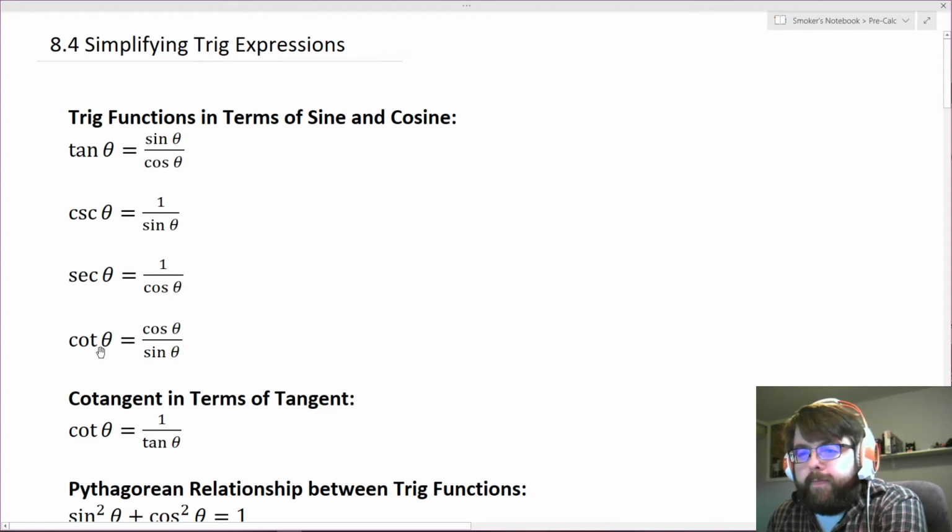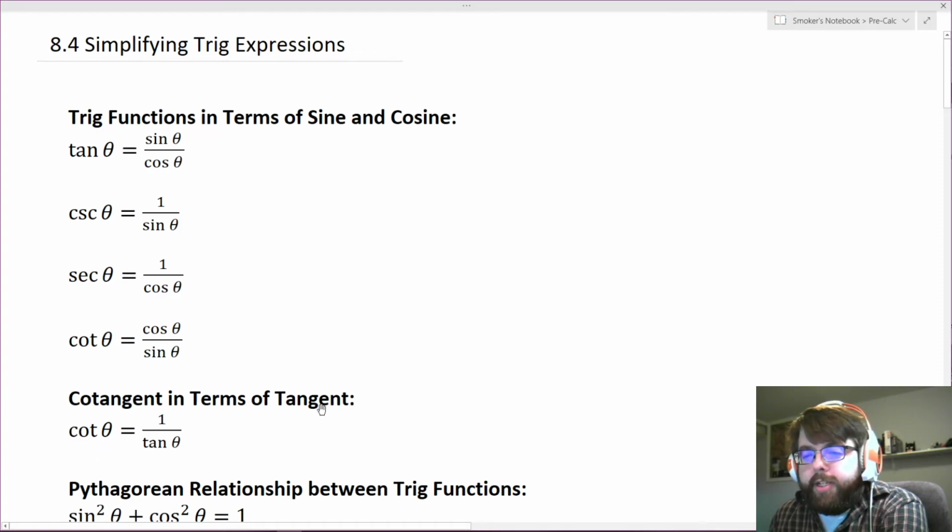Cotangent theta has two things that it can be equal to depending on what you might require of it. So cotangent's a little more unique. In terms of sine and cosine, cotangent is cosine over sine.